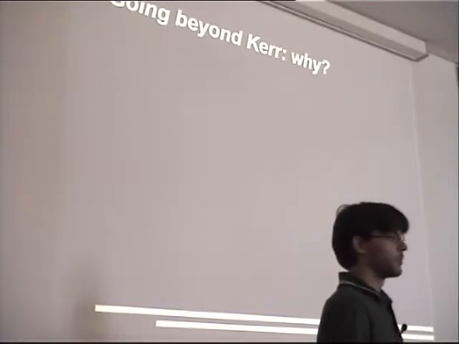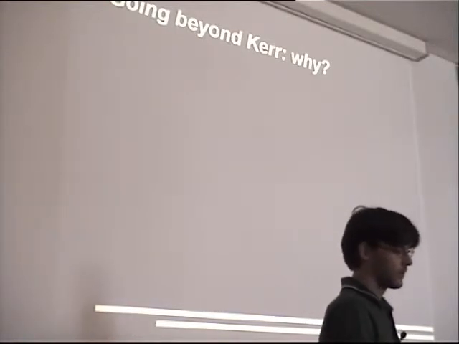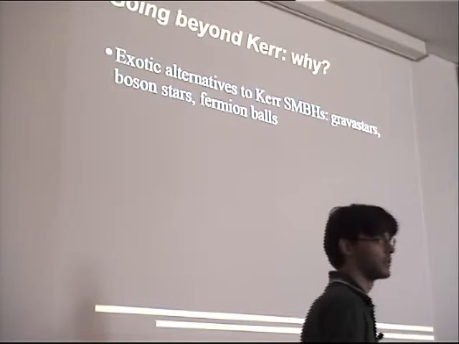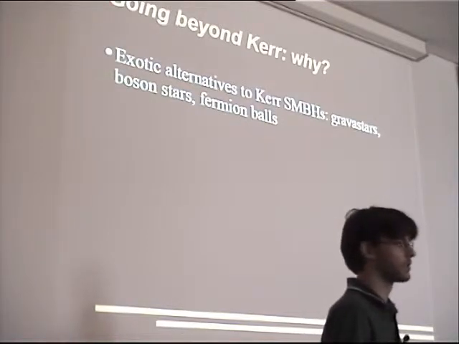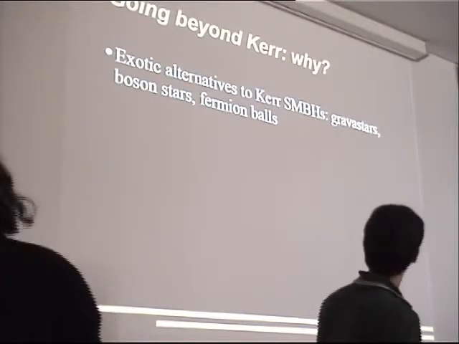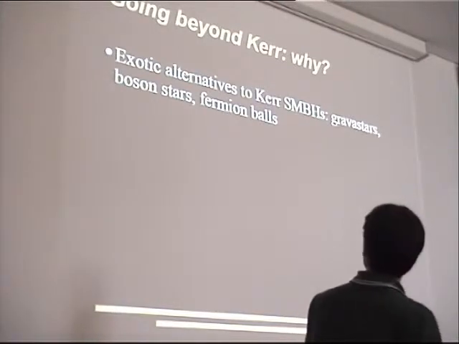So why do we want to go beyond Kerr? First of all, there are exotic alternatives to Kerr supermassive black holes, namely gravastars, boson stars, fermion balls and so on, although I think the only viable alternative nowadays is a boson star.